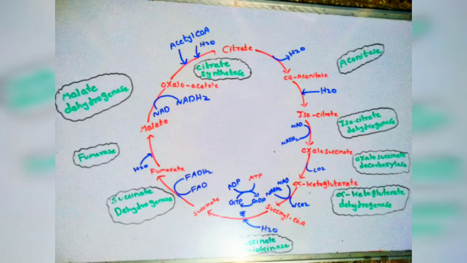Since the name of the substrate is isocitrate and the reaction it catalyzes is dehydrogenation, hence the name of the enzyme is dehydrogenase. Then the next step is formation of alpha ketoglutarate. Oxalosuccinate undergoes decarboxylation, that is there is a removal of a carbon molecule in the form of carbon dioxide.